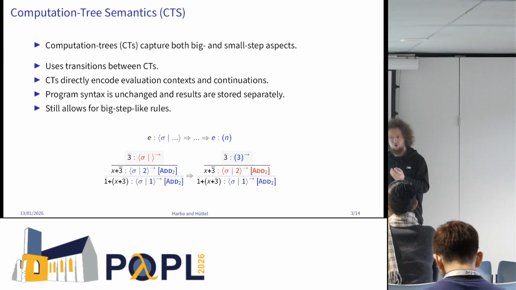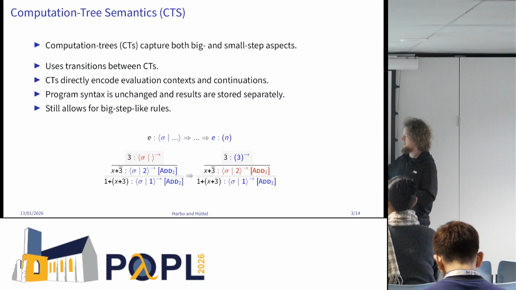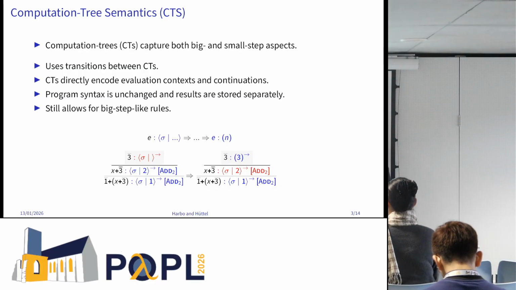The core enabling data structure that allows us to do this is the computation tree. And you can see 2 examples of computation trees right down here in one full example of a step in computation tree semantics. So as you can see, steps go between these computation trees, in contrast to a normal small step semantics where the configurations are flat, so to say.